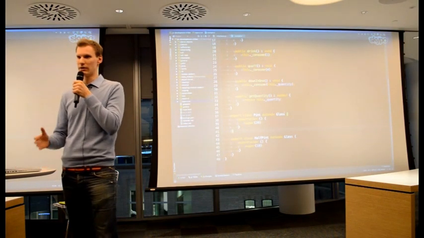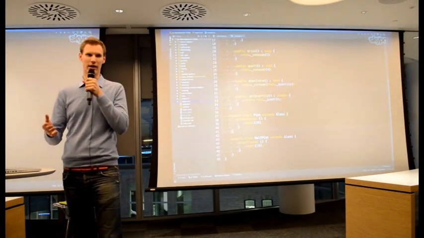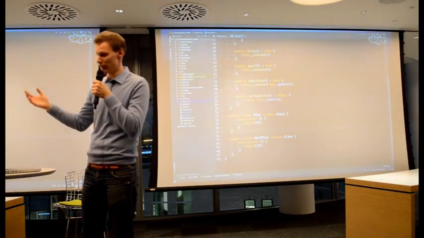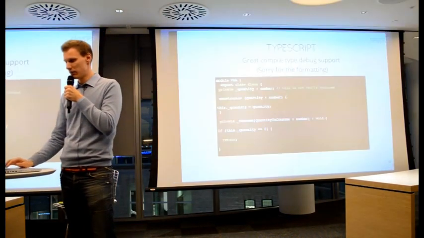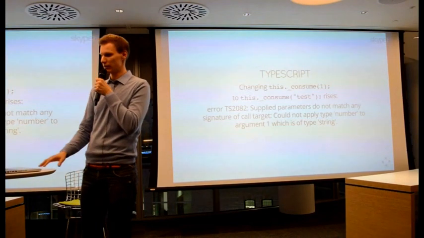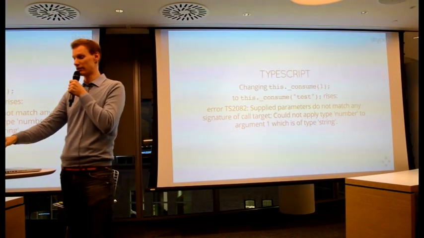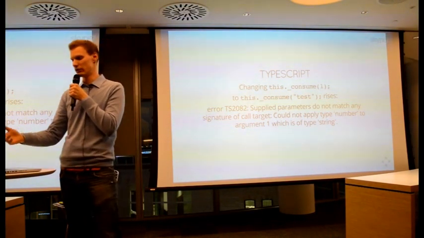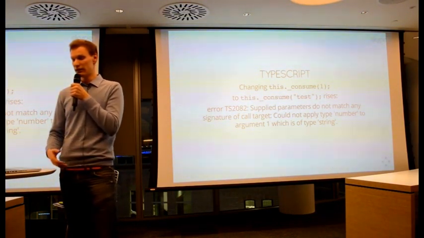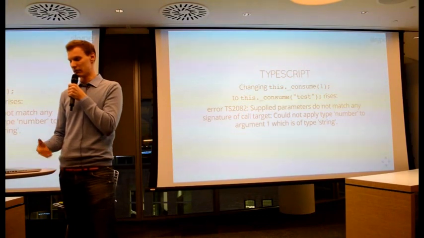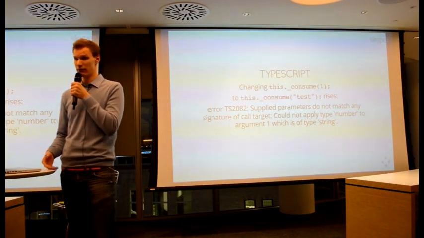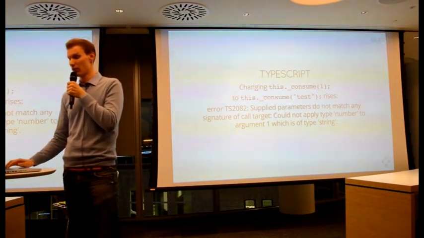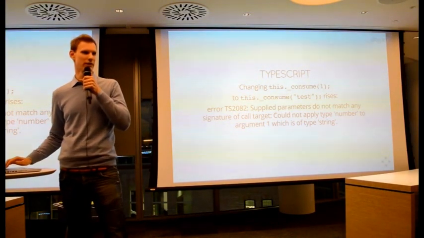Basically because they both took an idea from the ECMAScript Harmony, which is the next JavaScript version that will come out eventually. So the other benefits of TypeScript are as follows. For example, if I had this method called this.consume1 as a number, and it was defined as a number, if I change it to this.consume, for example, with a string, the TypeScript transpiler will show me a very useful error message saying that I cannot put a string where I should be putting a number, which is very useful in JavaScript because you don't have these things.